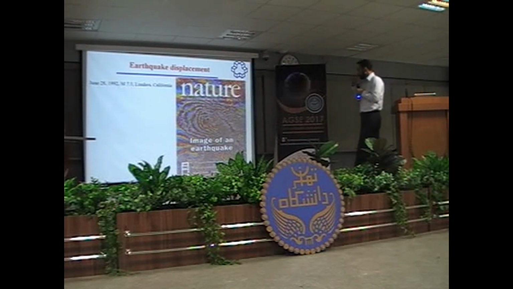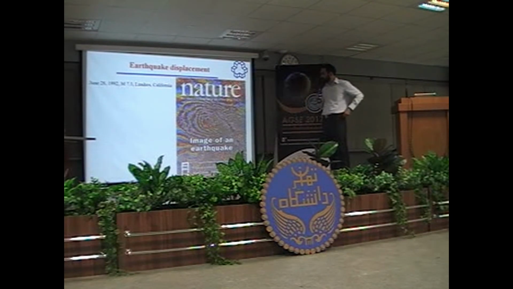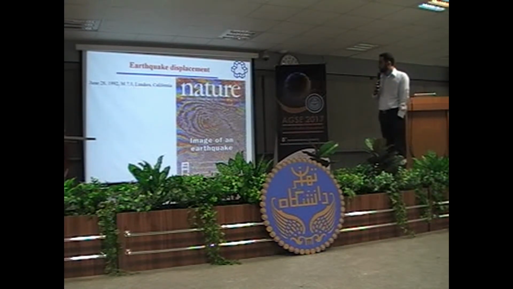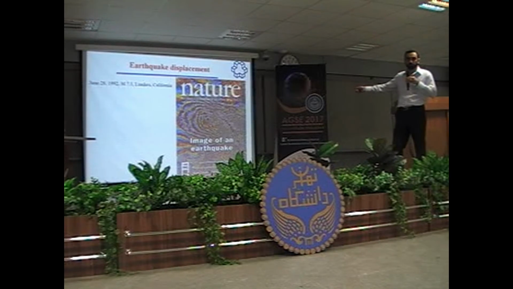This was, I can say, the first interferometric application in the InSAR community, and it is related to the Landers earthquake in California in 1992. In that time nobody could believe such an interferogram, and this work was published in Nature, and the cover page of Nature showed the interferogram of this earthquake.